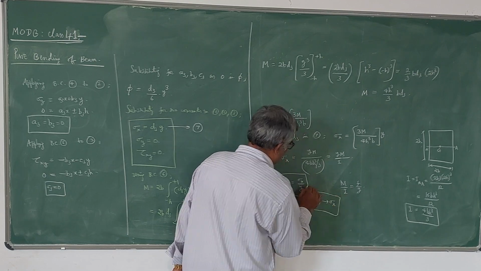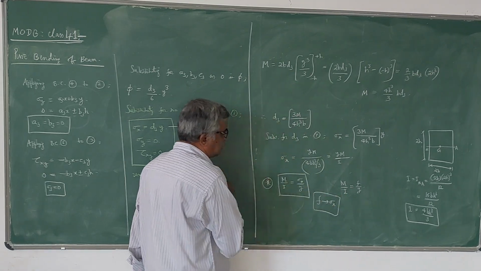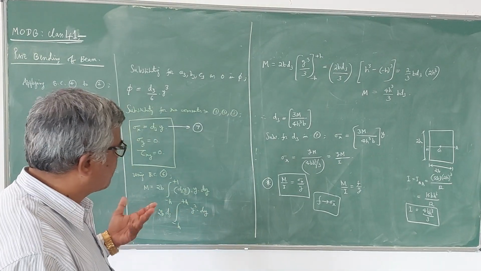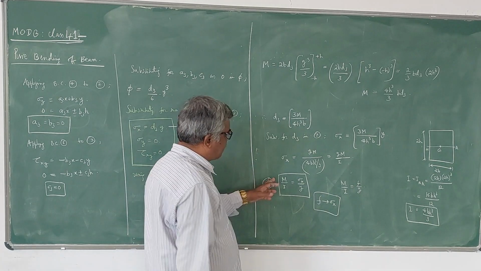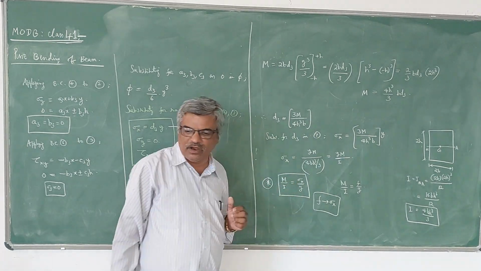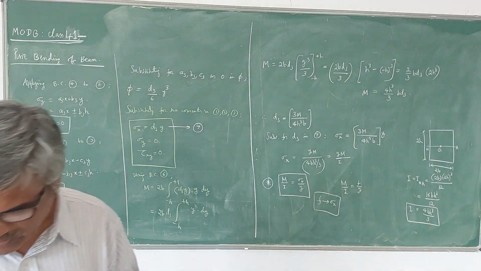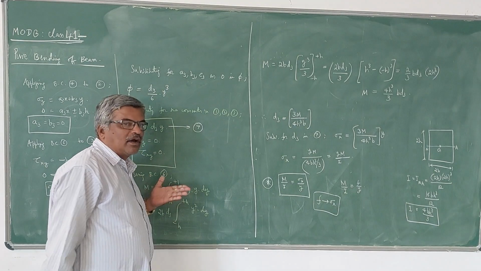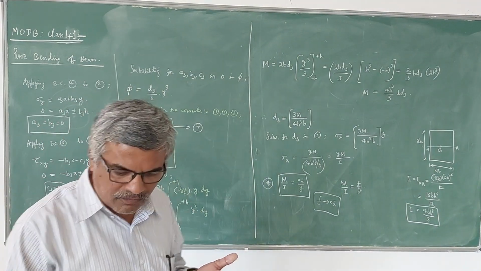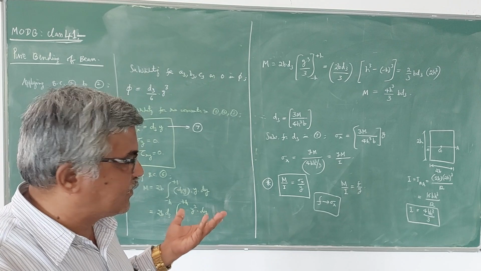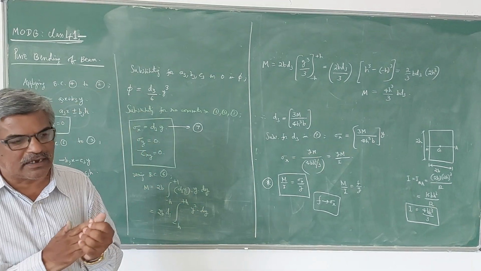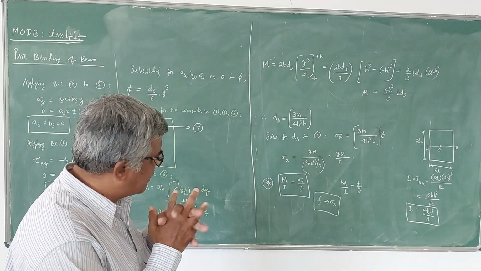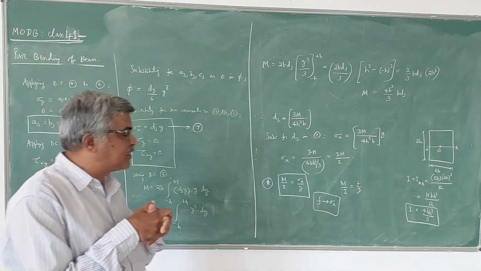So this is the pure bending equation we got in the case of a simply supported beam subjected to pure bending or simple bending. We have arrived at this result using the concept of elasticity, the Airy stress function. We assume a third order polynomial as the Airy stress function and check whether it satisfies the biharmonic equation. Yes, it satisfies. Then we evaluate the constants A3, B3, C3, D3 using the boundary conditions.